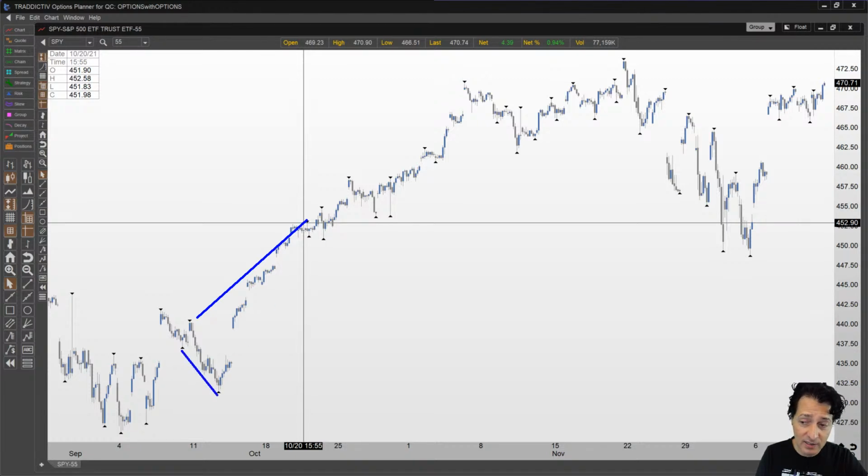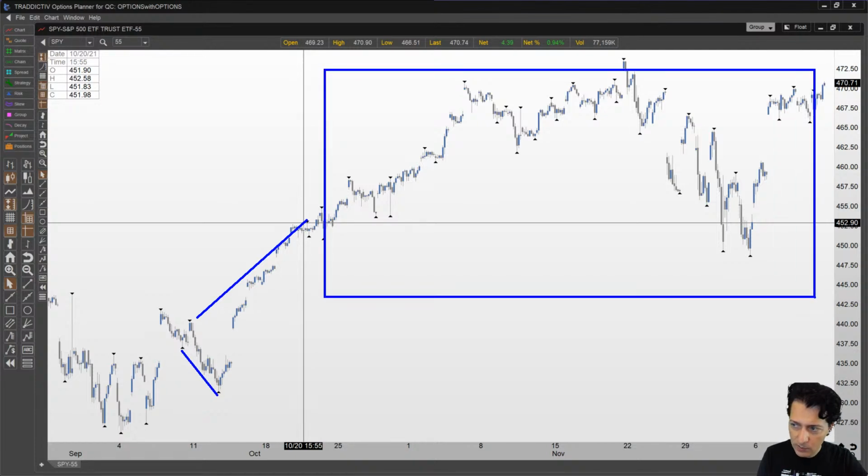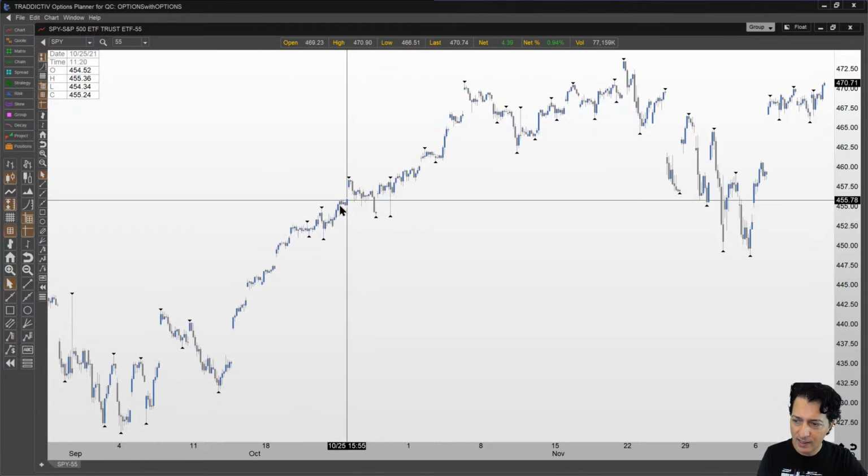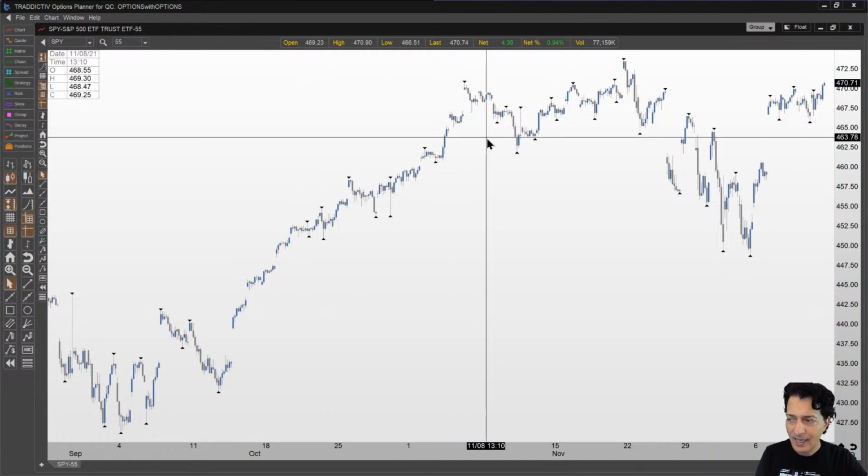I'm looking at the most recent ones, so please ignore all of these. So you still have lower lows and higher highs, so it's not an uptrend yet. But the moment this one is produced, you now have higher highs and higher lows, and therefore you're now in an uptrend.